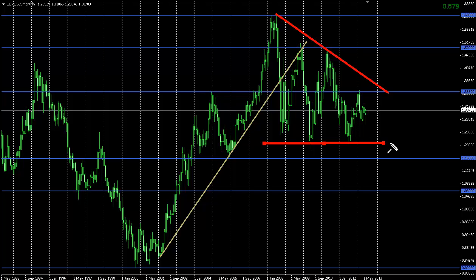We know that sooner or later triangles will be broken either to the upside or to the downside. If this is a descending triangle, it will favor the breakout to the downside. But personally, I prefer to put this line here and treat the structure as a symmetrical triangle.